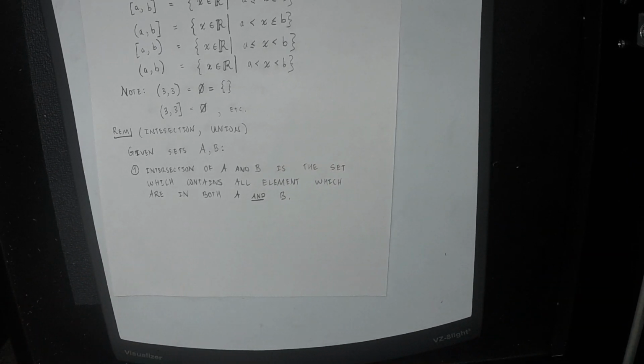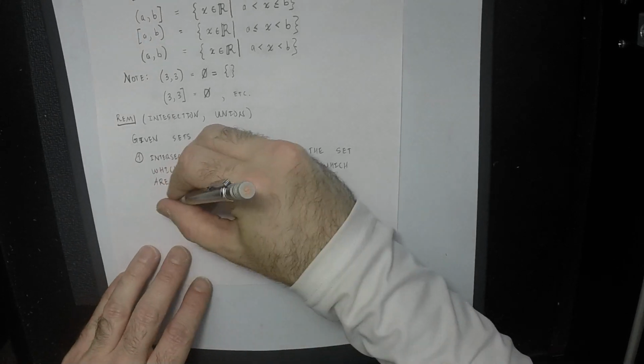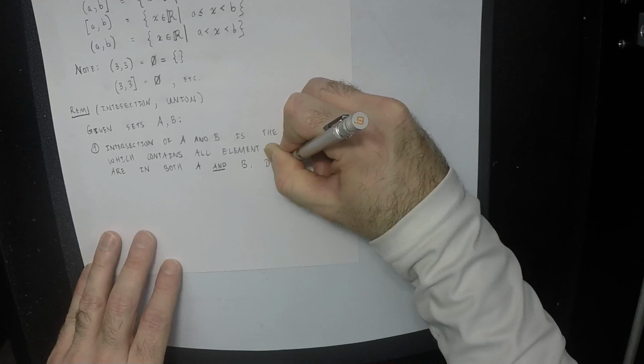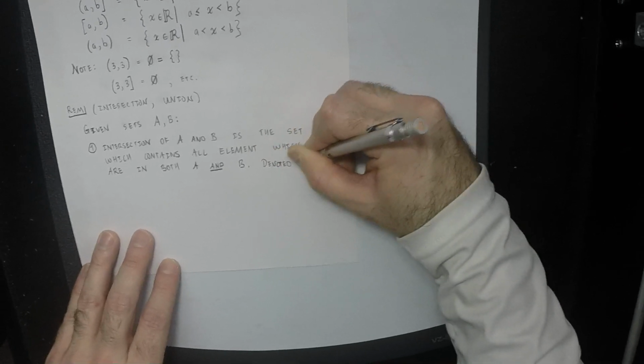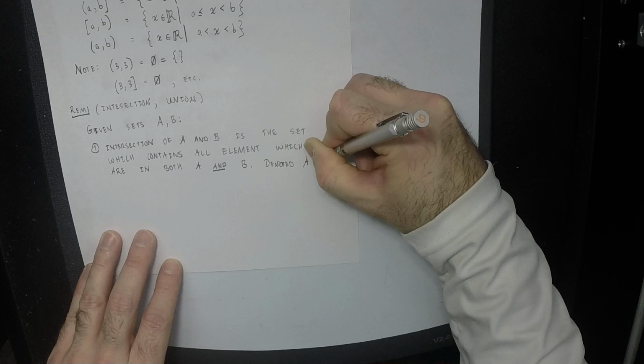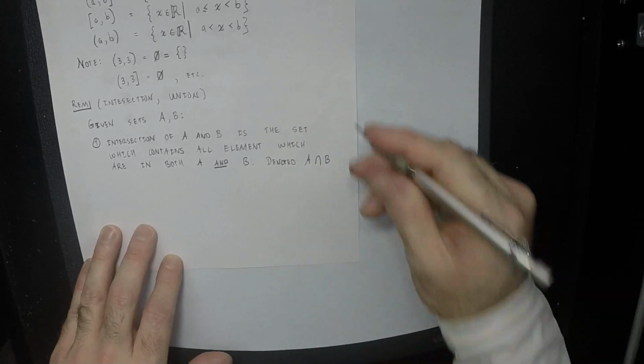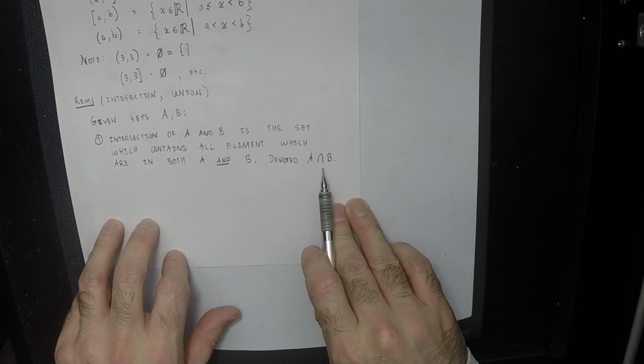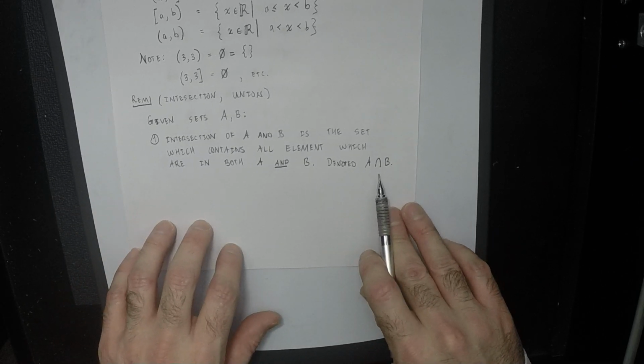Okay, so the key for intersection, the keyword is and. How is intersection denoted? So we don't have to write out the word intersection, right? So it is denoted A intersect B. So in English, out loud, that symbol is pronounced intersect.